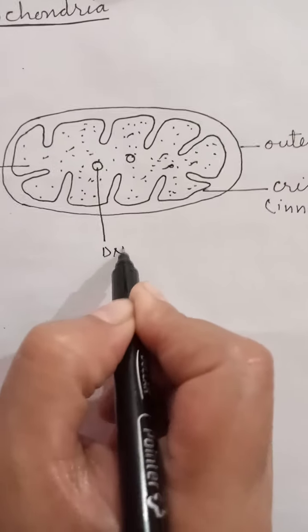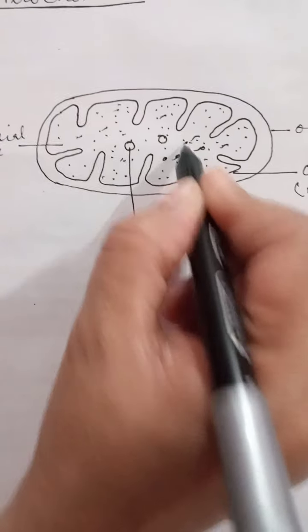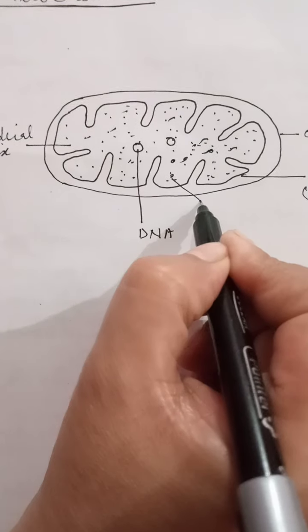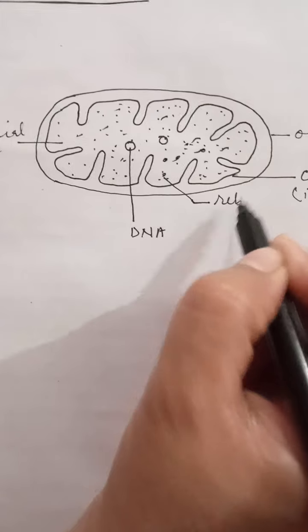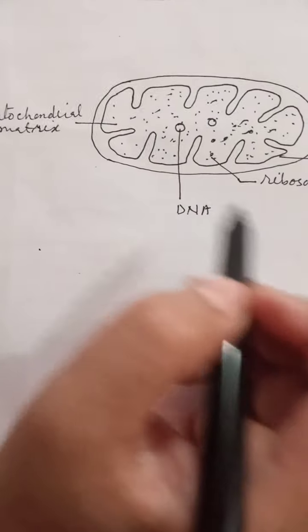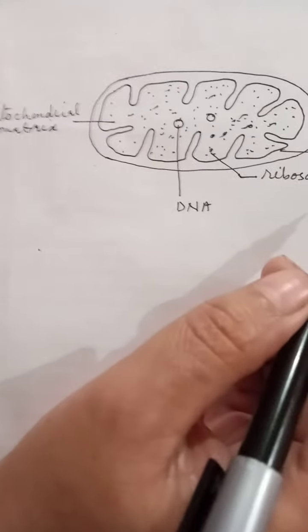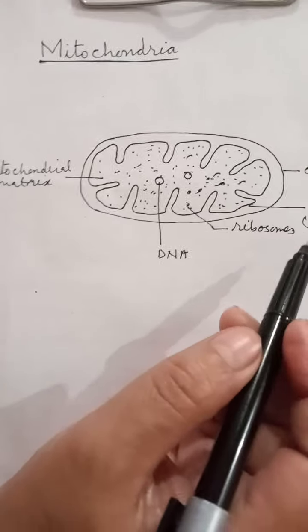This is the DNA molecule, and it also has ribosomes which are involved in protein synthesis, and other than this, they have RNA and enzymes which are important for different processes involved in cellular respiration.